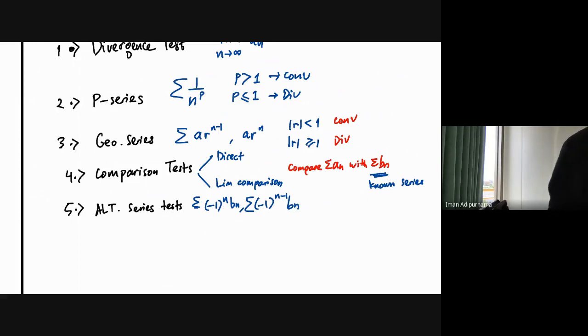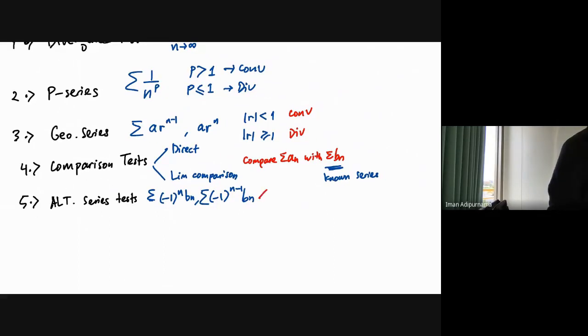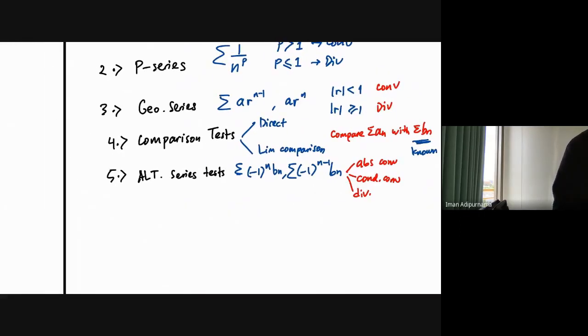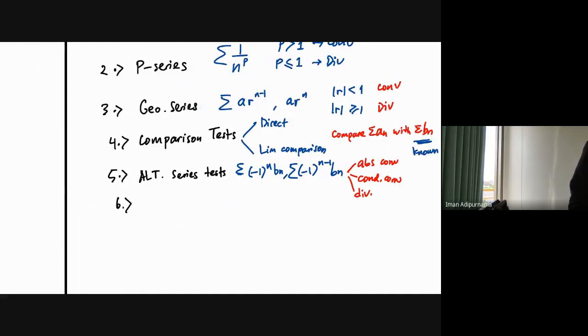And remember, from the alternating series, you can have absolutely convergent, conditionally convergent, and divergent. And the last two are the root and ratio.